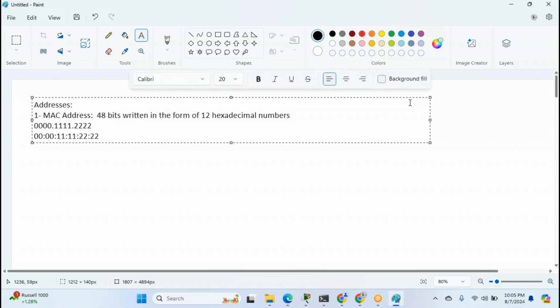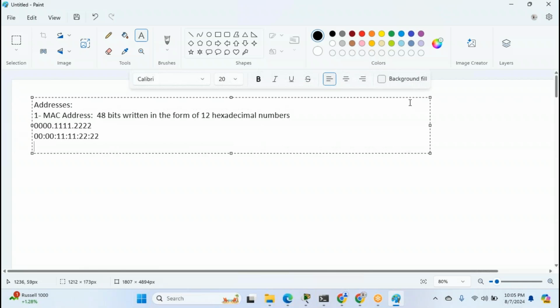This is the second valid format, 6 parts of 2 hexadecimal numbers separated by colon. Then the third valid format is 00-00-11-11-22-22.